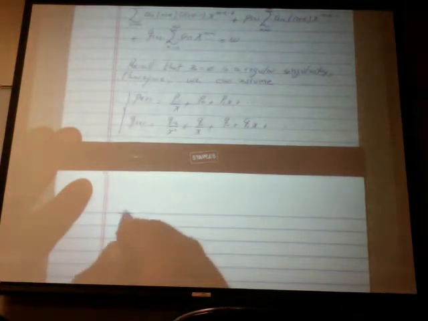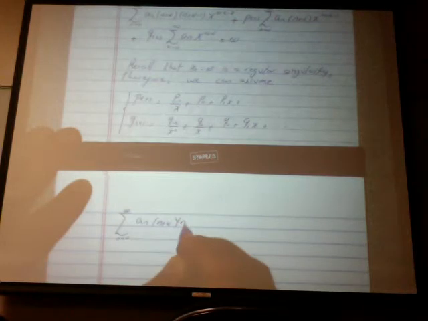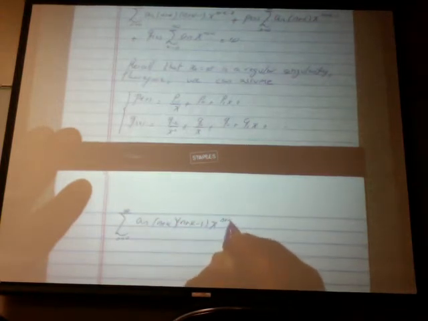So I'm going to have summation from n equals 0 to infinity of a_n (n+k)(n+k-1) x^(n+k-2), plus p(x), which is p_-1 divided by x, plus p0, plus p1 x, plus so on and so forth.